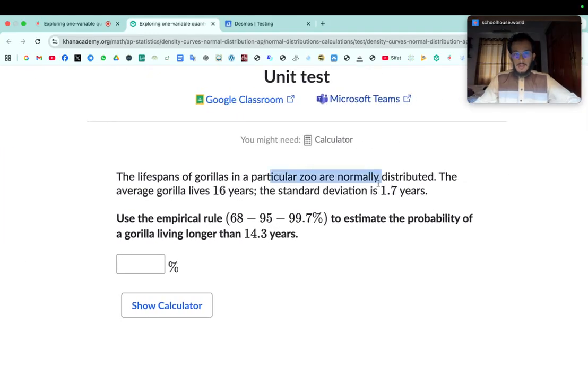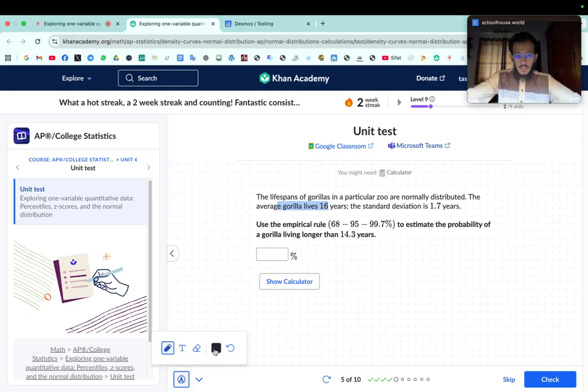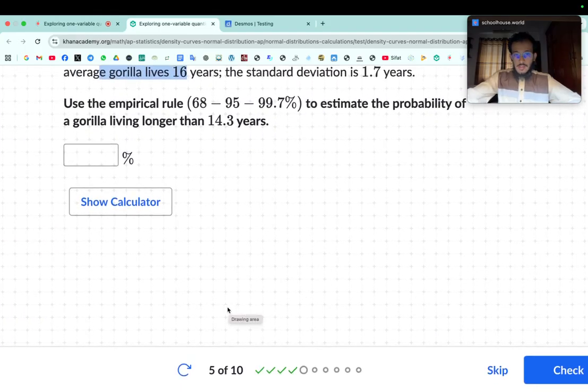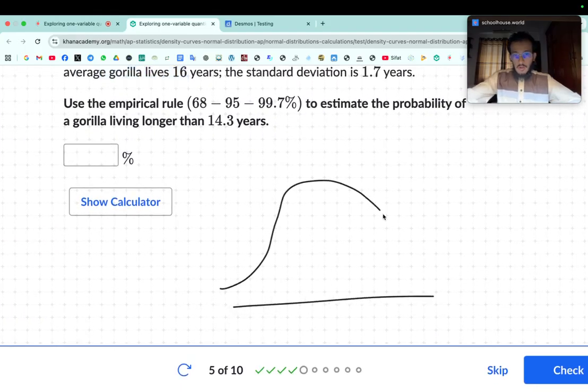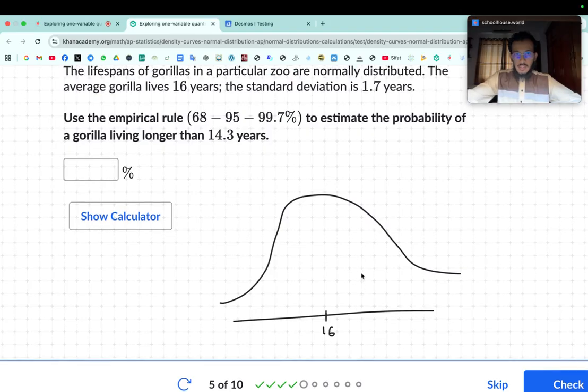The lifespan of gorillas in particular is normally distributed. The average is 16 years. So this is the normal distribution graph, and we have an average of 16 years and the standard deviation is 1.6.